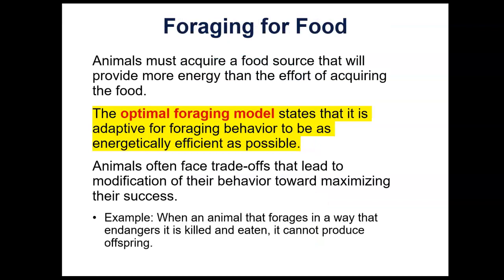And then foraging for food. The optimal foraging model states that it is adaptive for foraging behavior to be as energetically efficient as possible. When an animal forages in a way that endangers it and it's killed and eaten, it can't produce offspring.